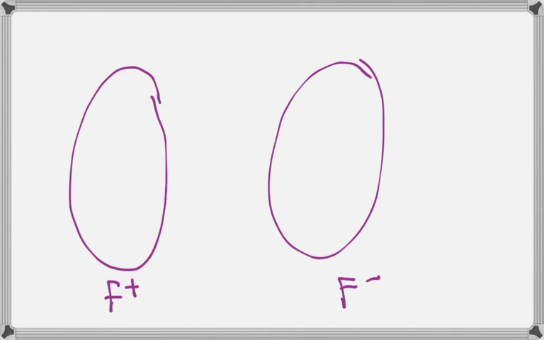What does the F plus cell have that the F minus doesn't? Pilus, or ability to produce a pilus. What else? The F plasmid. Anything else? Those are kind of the biggest features, okay?